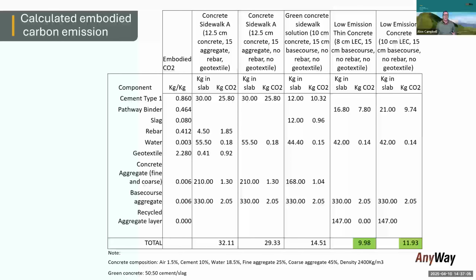And what we've discovered so far is that creating a walkway of a similar thickness to a typical green or low emission thin concrete, we would have a lower embodied carbon content. And that was the objective of the assignment, to try and create something that had a much lower embodied carbon emission. If it had a higher embodied carbon emission and yet the same strength, it means that we didn't create something that was worthwhile. So this was critical for us in creating a system that could be used fit for purpose.